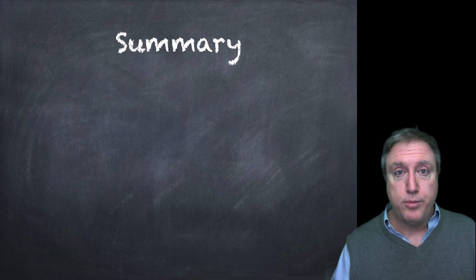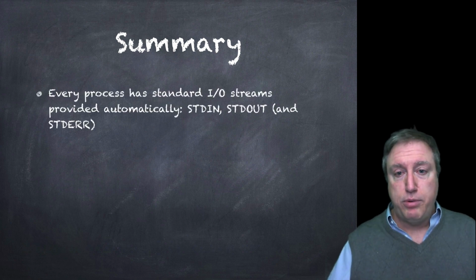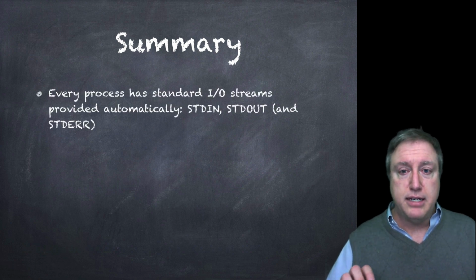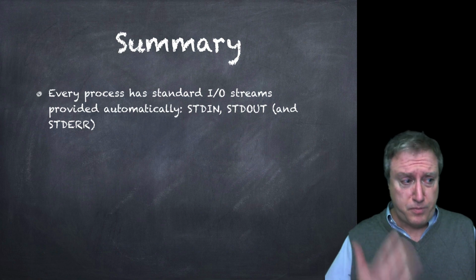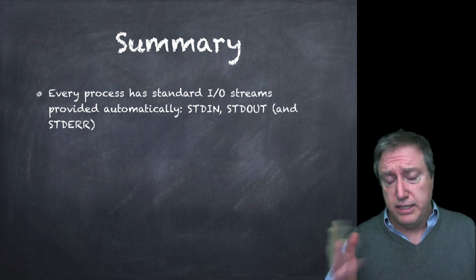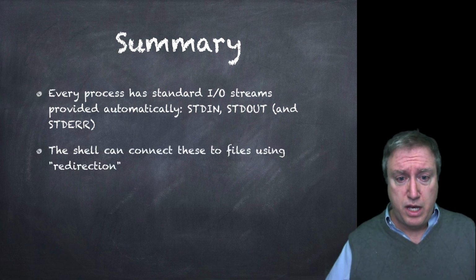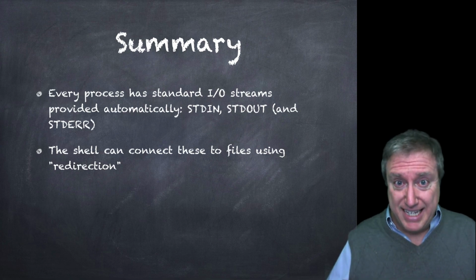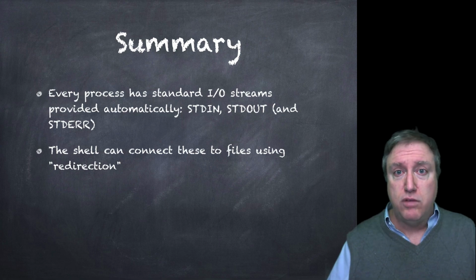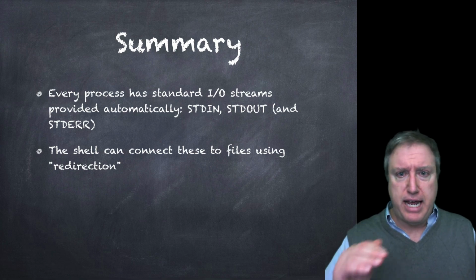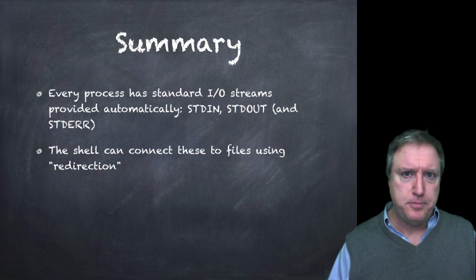So, let's summarize. Every process that you run from the shell has standard I/O streams provided automatically by the shell. Standard in, standard out, and something called standard error, which we didn't talk about today. The shell can connect these to files using a process called redirection, with the little left and right angle brackets.